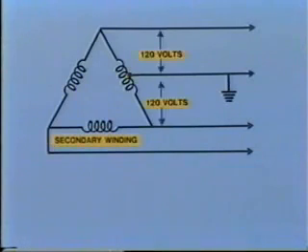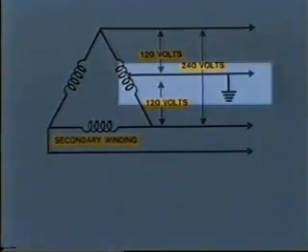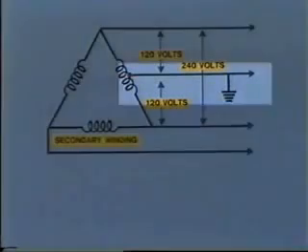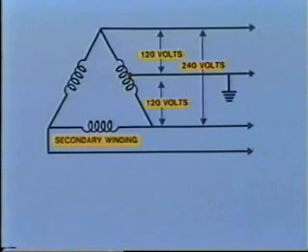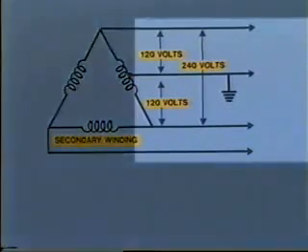This gives us a 120, 240 volt service from this particular phase. Beware, if the center tap is grounded, you can only do this on one phase. In this connection, all the windings share in carrying both the three-phase and single-phase load, but the division of load is not equal.